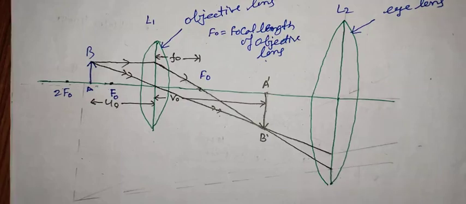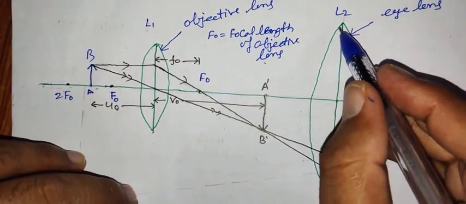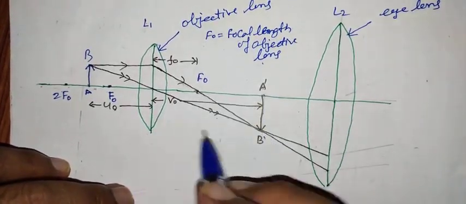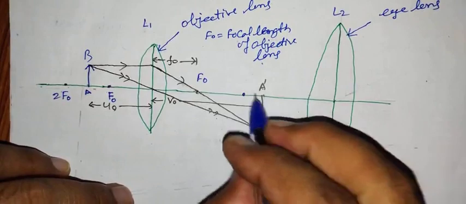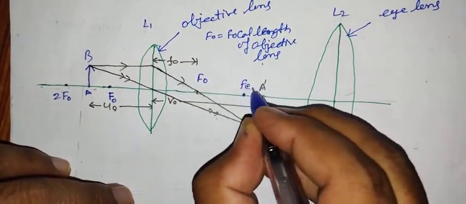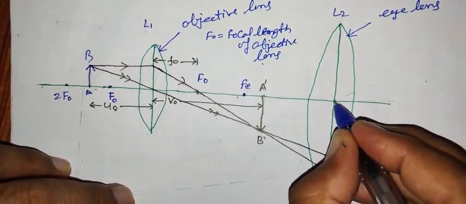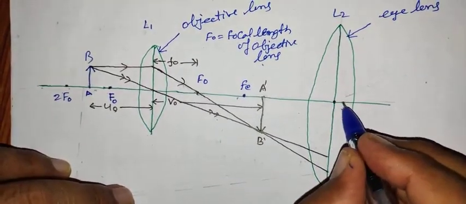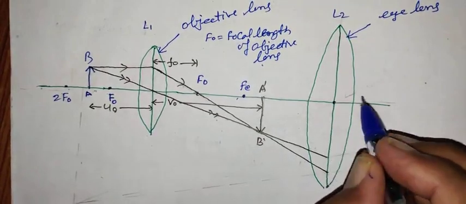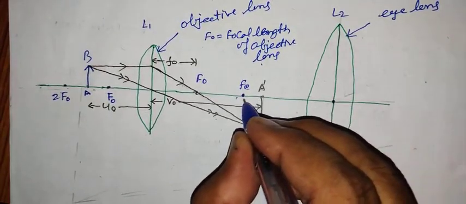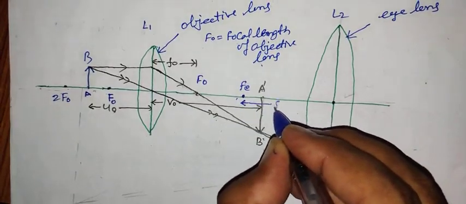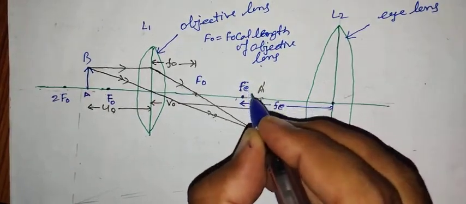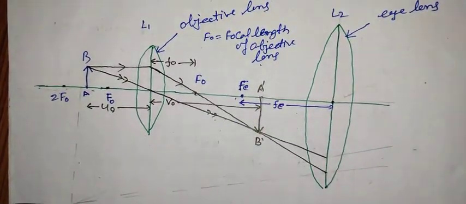So we are keeping the second lens, that is the eye lens, in such a way that the image formed by the objective lens lies between FP and the optical center of the second lens. Now see, this distance is FP, and F is the focal point.